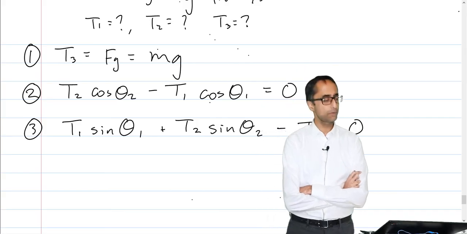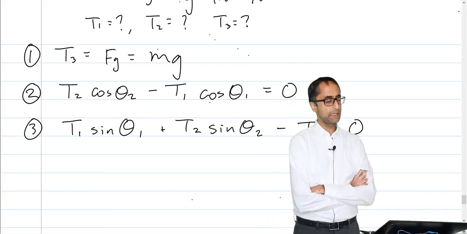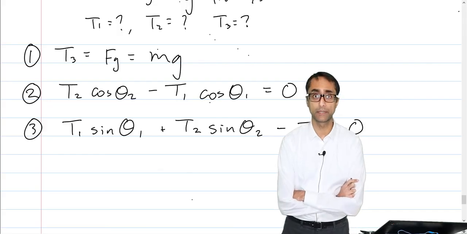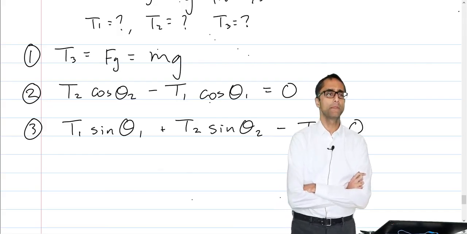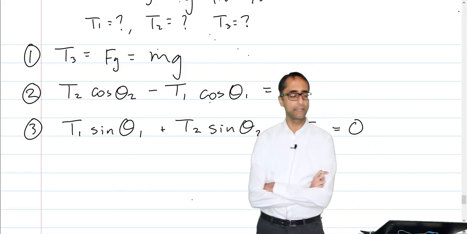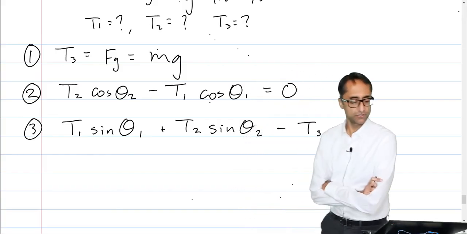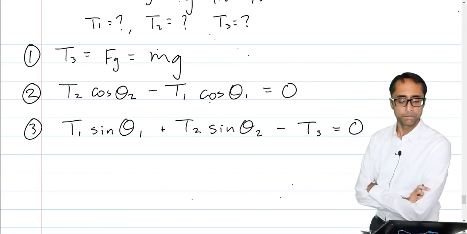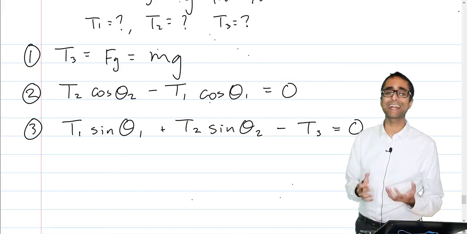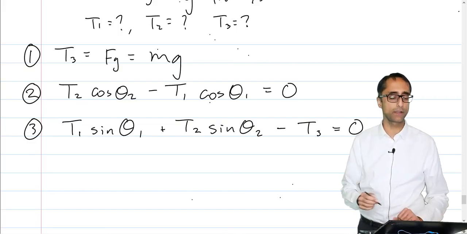What I do is I look for the equation that has all of the terms in it, as it often does. That one tends to be the longest, most complicated looking one, and that's equation 3 in this case. It has T1, T2, and T3. And so what I want to do is substitute into that equation so that I just have the one unknown.